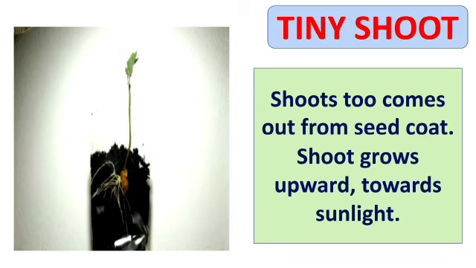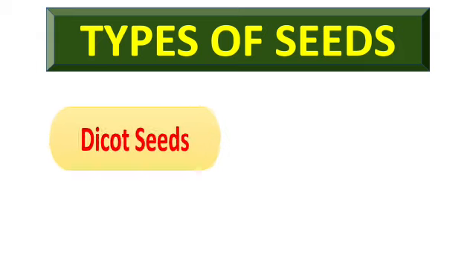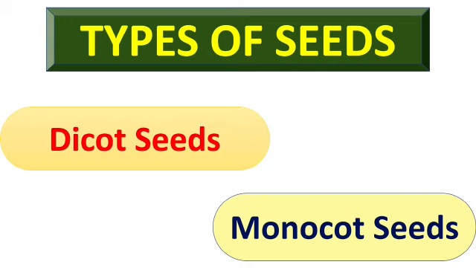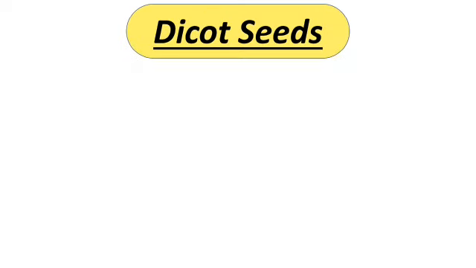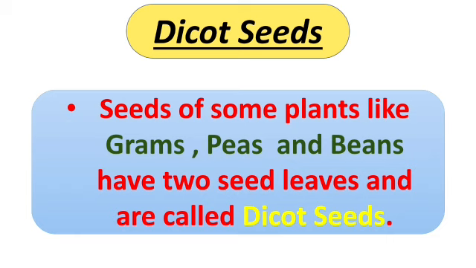Now we will learn the types of seeds, and mostly there are two types of seeds. One is dicot seeds and another is monocot seeds. First we will see dicot seeds. Seeds of some plants like gram, peas and beans have two seed leaves.